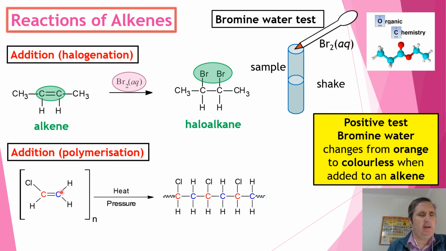They will break again at this red and this blue carbon, and then they will join to the next chain. The blue carbon will join to the next red one, and we'll get this chain along here. Remember, in order to join, it had to break one of these double bonds. So when we draw it as a polymer, we draw it as single bonds, and we draw each 3 repeating units if we're going to demonstrate that we know the polymer it goes to. So this is an alkene under heat and pressure goes to a polymer.